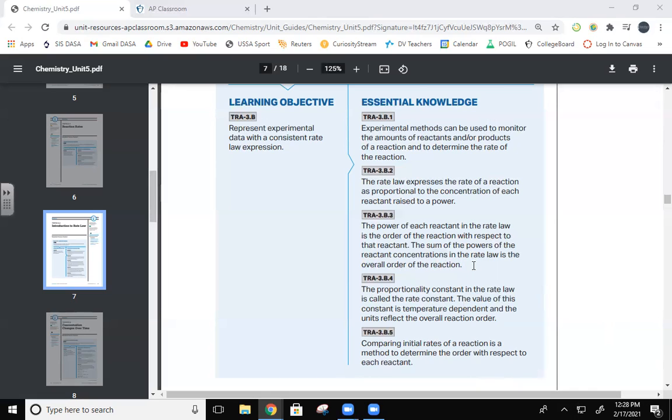Well, the order, like the overall order, meaning like, what's the word that I'm looking for here? Help me out, guys. No? Kingdom. Class.